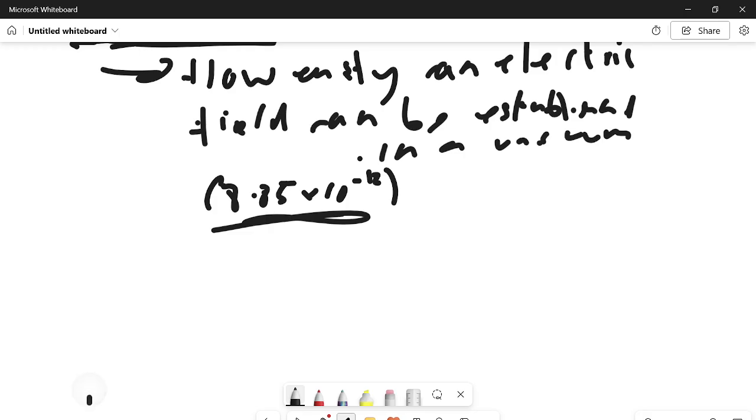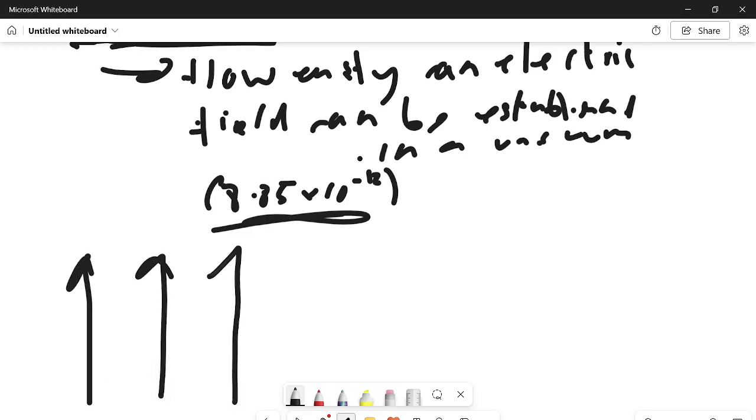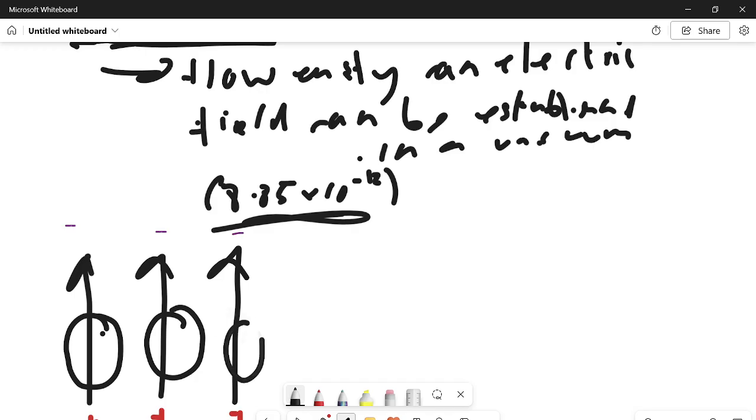So if we pass an electric field in this direction, the water molecules will align themselves. Let's pretend these are the water molecules.